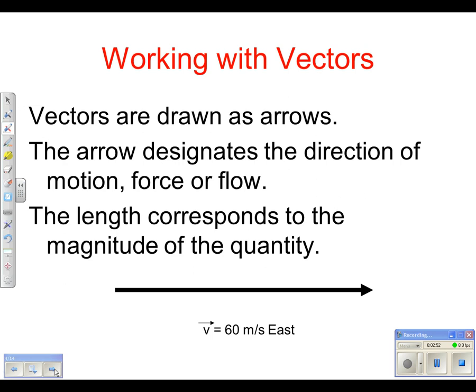And if I wanted to show something different, like let's say velocity is 20 meters per second north, I would just draw something a little bit shorter, pointing towards the top of the page, and I would label it with magnitude and direction.